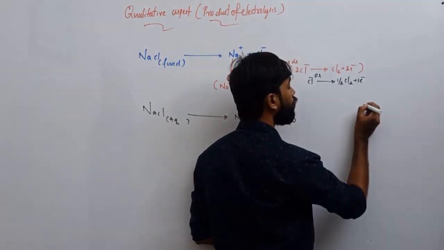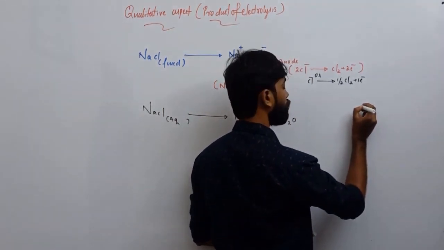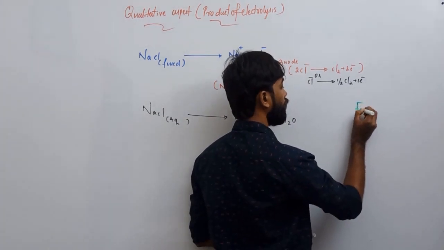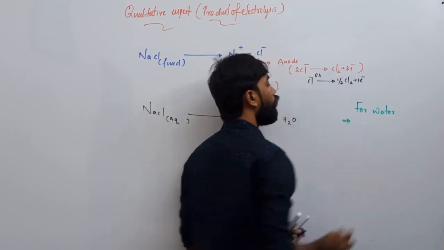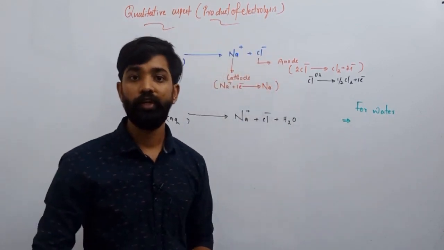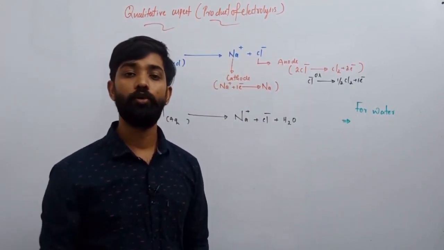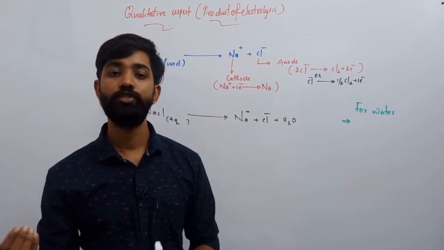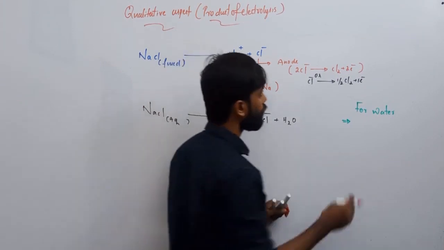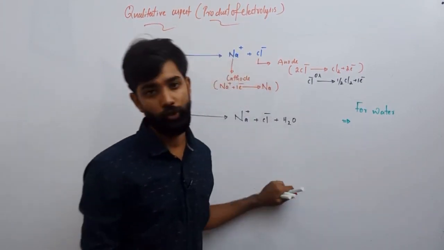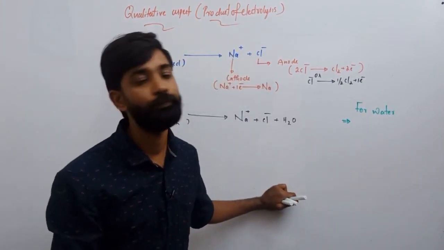Ready? That is for water. Water can oxidize or water can reduce, and that is based on the condition. The condition depends on the electrode potential or reduction potential of water.